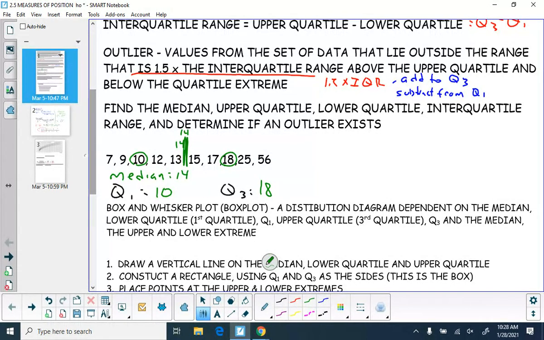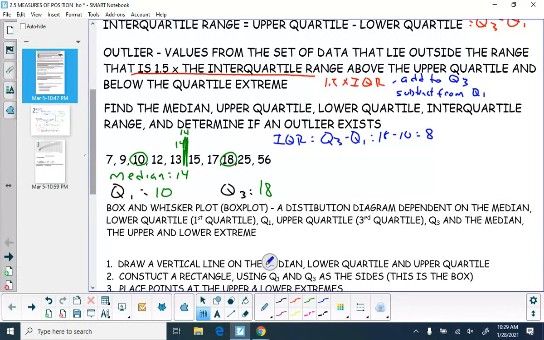Your interquartile range is Q3 minus Q1. So we have 18 minus 10, which is a value of 8.